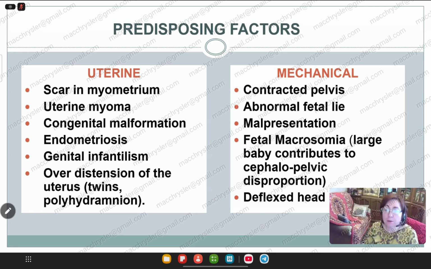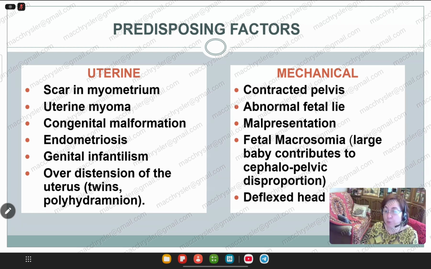So, mechanical factors. It's usually contracted pelvis, might be abnormal lie of the fetus, like oblique or transverse malpresentations, macrosomic fetus, and deflexed fetal head, like in face presentation or in brow presentations.